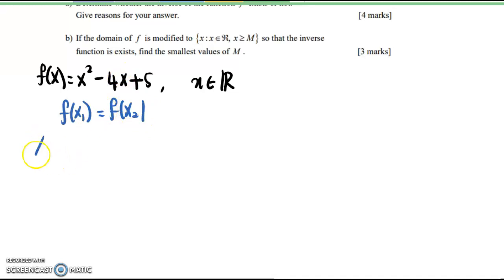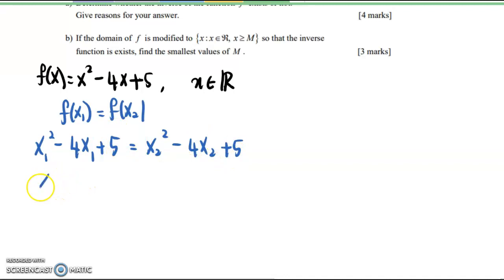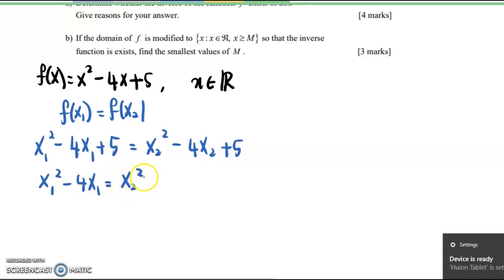Okay, kita masukkan x1 square minus 4x1 plus 5 equals to x2 square minus 4x2 plus 5. Okay, plus 5 plus 5 cancel. x1 square minus 4x1 equals to x2 square minus 4x2.